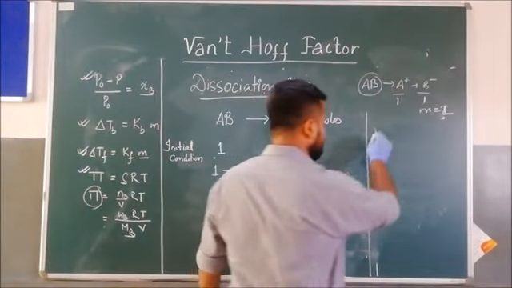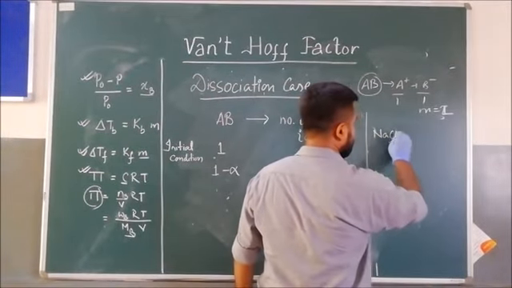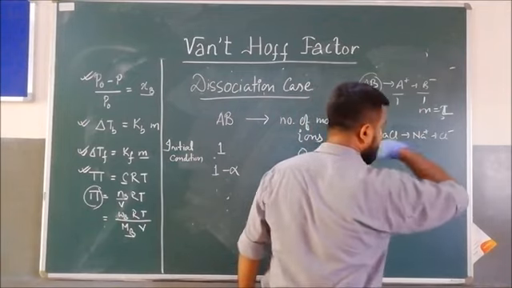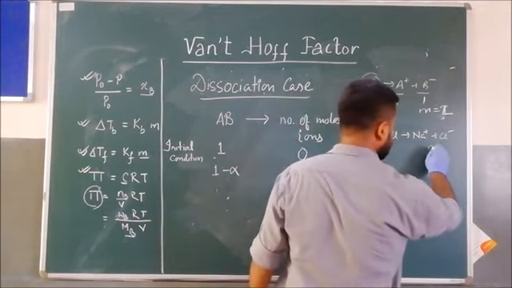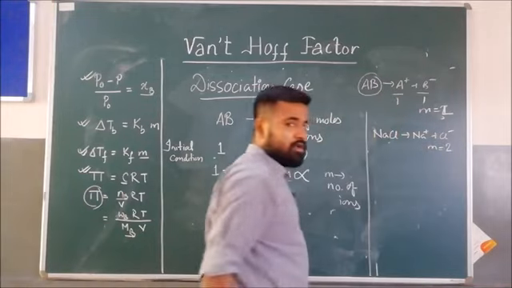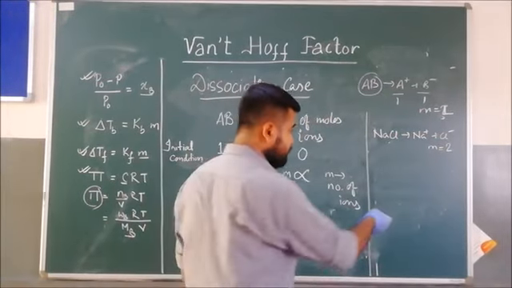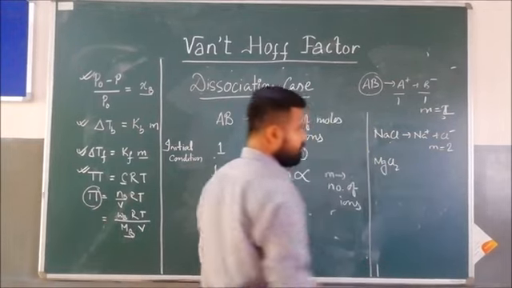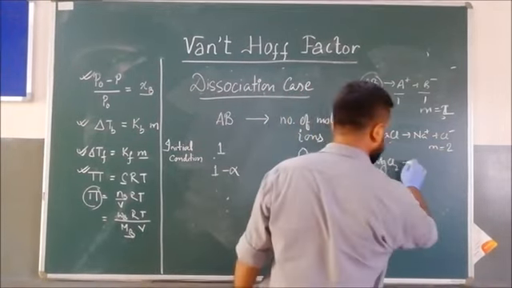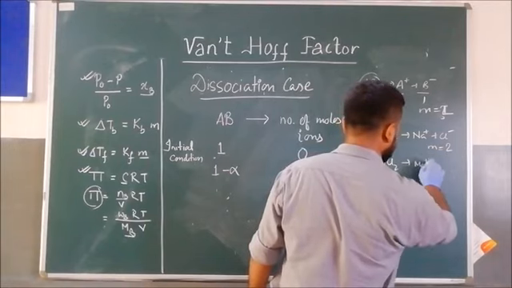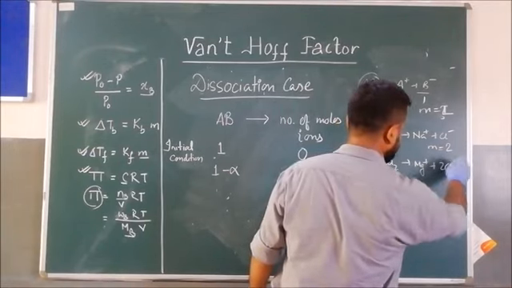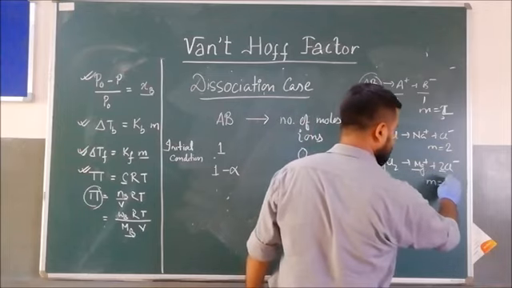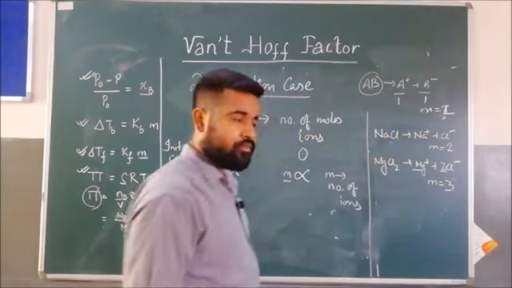For example, if there is NaCl, it gives Na plus and Cl minus. So here m equals 2. But suppose there is MgCl2. So what will it give? Mg 2 plus and 2 Cl minus, means here m value will be 1 plus 2, m value will be 3.